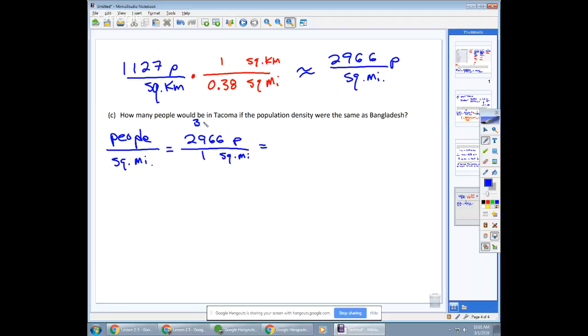So that's Bangladesh versus Tacoma, which we don't know how many people are going to go there yet, but we know there are 62 square miles. So that would be one way to do this. Cross multiply and divide. Whip out our friendly neighborhood calculator.